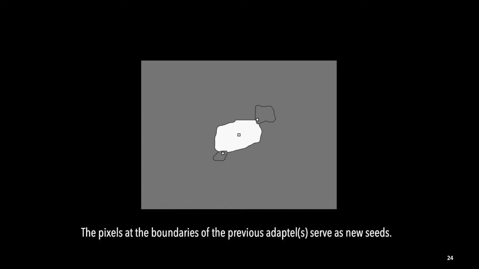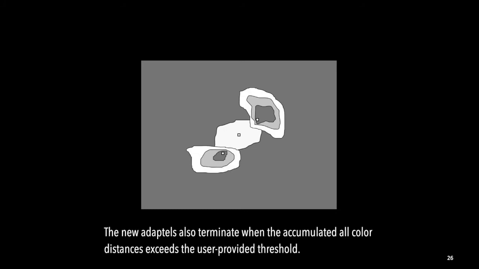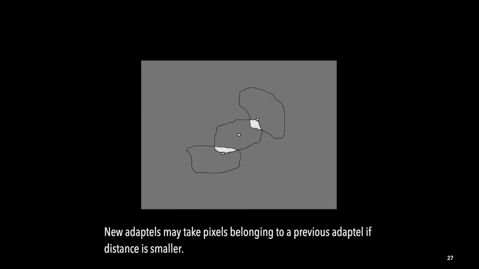The pixels at the boundaries of the previous adaptel serve as new seeds. And then we grow these adaptels, and these new adaptels also terminate when the accumulated color distances exceed the user-provided threshold. Note that the new adaptels may take pixels belonging to a previous adaptel if the distance is smaller.